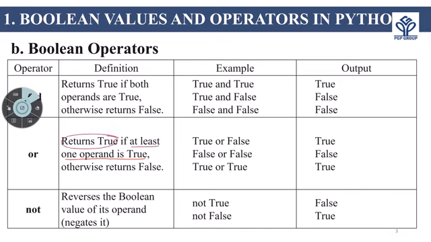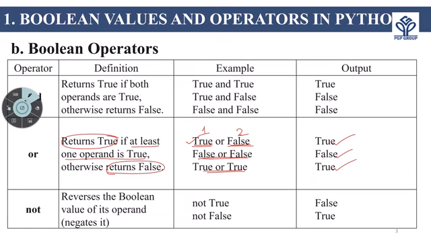We have two operands, the first one true and the second one false. Our condition is that at least one operand is true, so it returns true. With false and false, neither operand is true, so it returns false. Returns true if at least one operand is true, otherwise returns false. First operand true, second operand false: at least one is true, so return true. Both false, so return false. Both true, so return true.